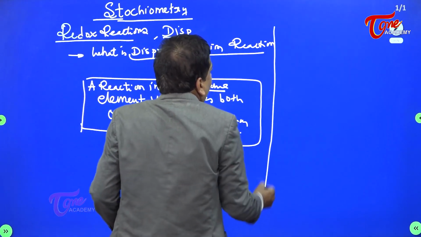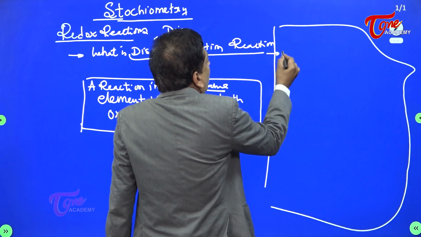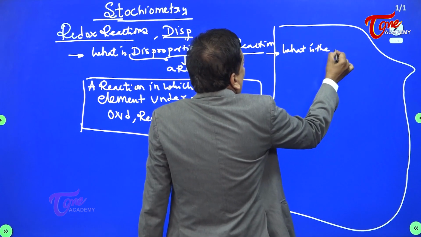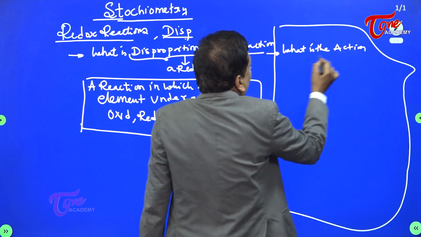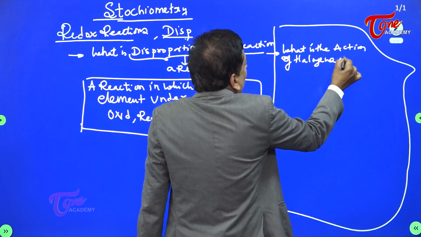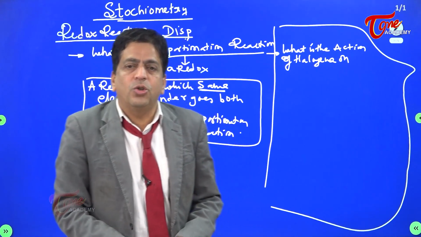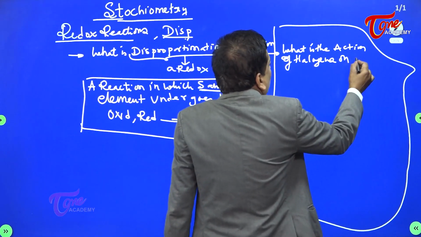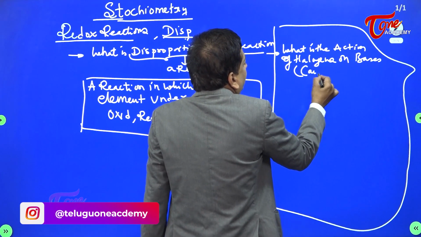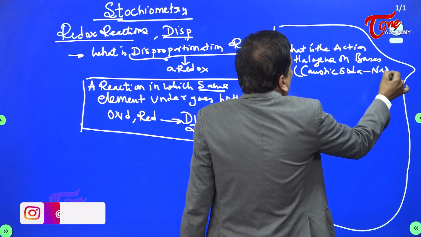Now, what is the subject point here? Remember one point here. Someone is asking you, what is the action of halogens on bases like caustic soda? Now what is caustic soda? Sodium hydroxide.